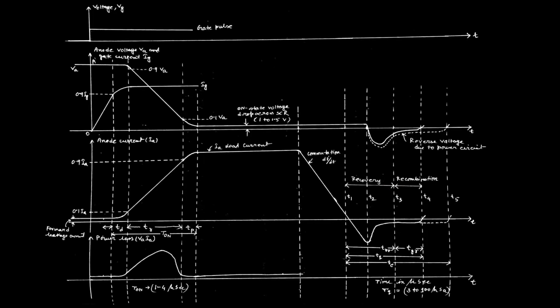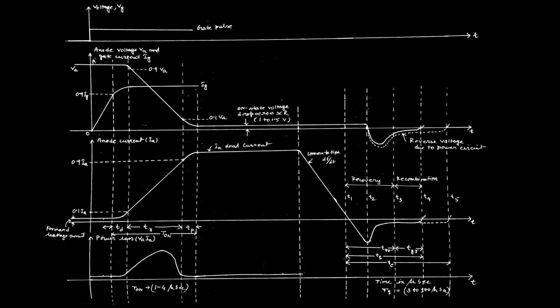Similarly, at the point T3, still a small amount of trapped charges is moving internally across the junction J2. That means junction J2 has not yet formed. If the junction has not yet reformed, then we cannot say the device is in the off state. That is why we should still maintain reverse biasing across cathode to anode.